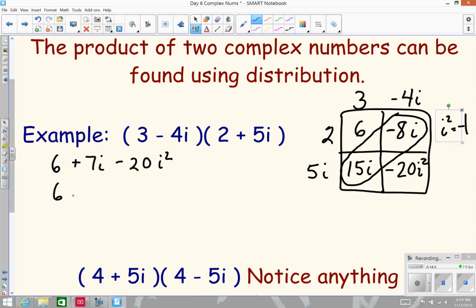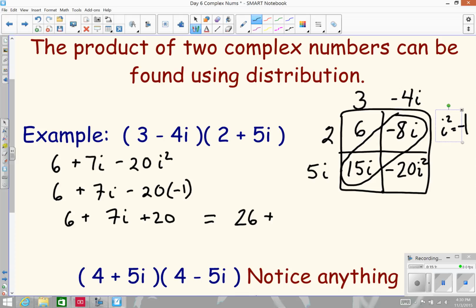So this becomes 6 plus 7i minus 20, which is really multiplied by negative 1, or 6 plus 7i plus 20. So my final answer, when I combine like terms, is 26 plus 7i, and this is written in a plus bi form. So the real part first, followed by the imaginary part.